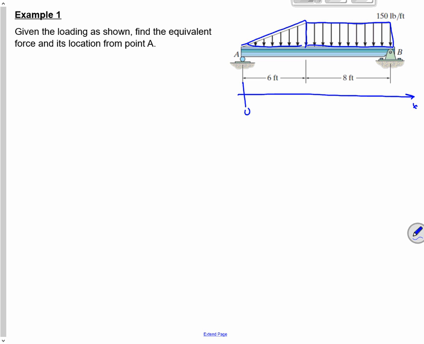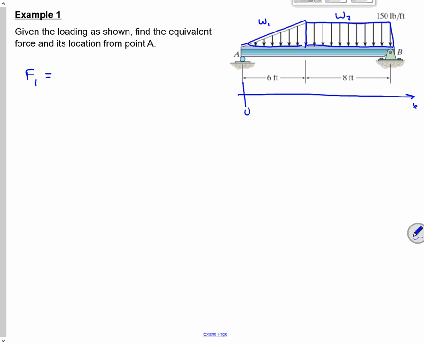So the first step is to find what is the equivalent force. And the equivalent force is the area inside that picture. So we'll call this w1 and this one w2. So the equivalent force for 1 is going to be the area of that triangle.